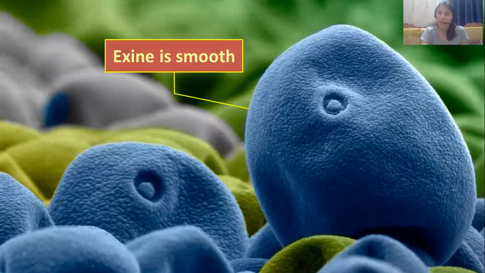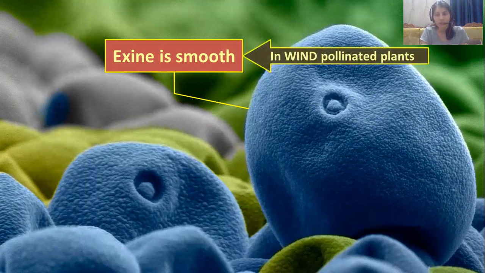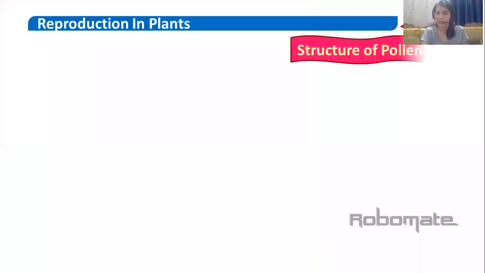In this diagram, as you can see, the exine is smooth, and we find it in wind pollinated plants. So the exine can be spiny in insect pollinated plants and smooth in wind pollinated plants.